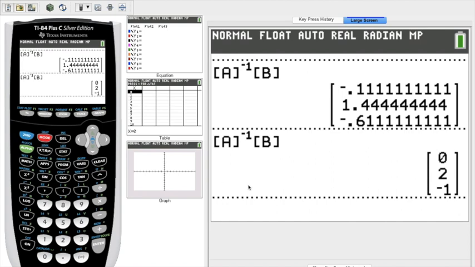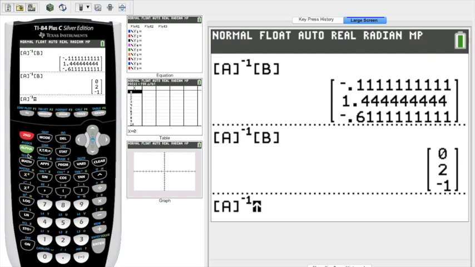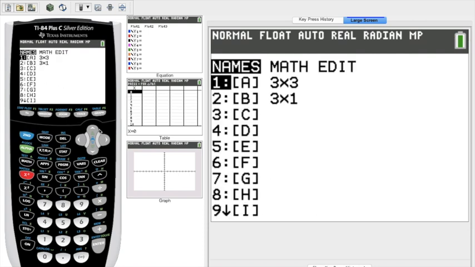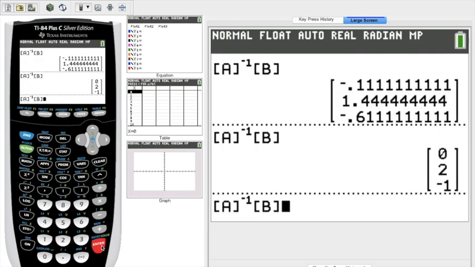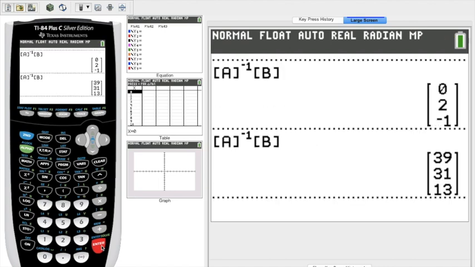And then we need to type in A inverse B. I have it typed in from yesterday. If you hit second enter, you can retype it out again. But just in case you didn't watch that one, you hit second matrix, choose matrix A. You're going to go inverse, or raise to the -1, and then second matrix, and then you're going to put matrix B. Scroll down, B. And hopefully we did that right.